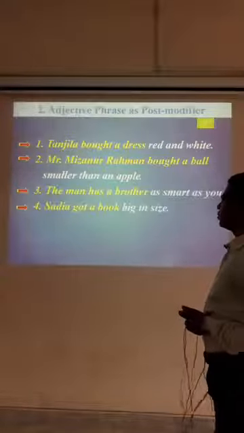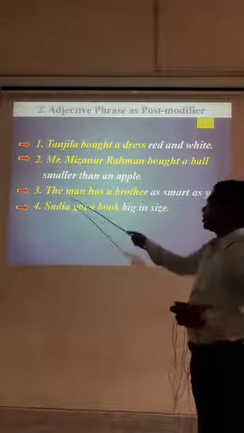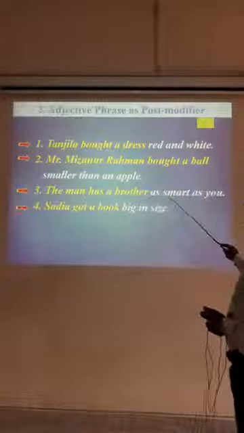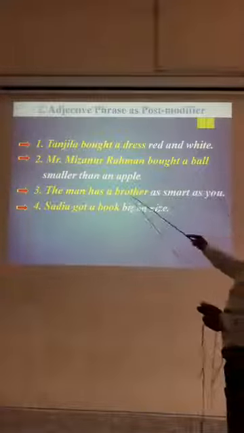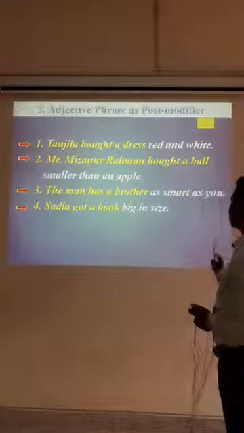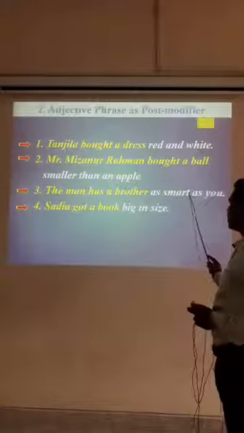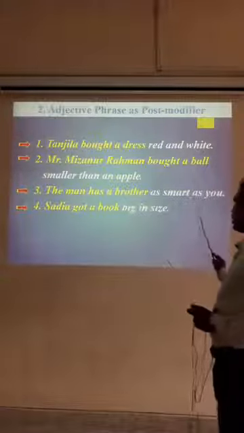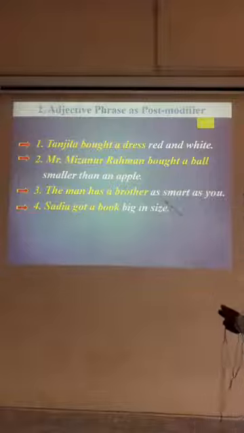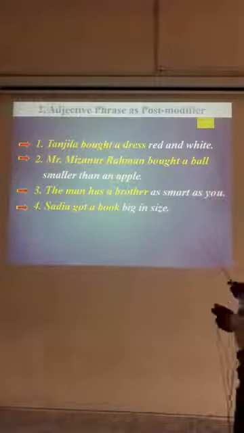Number 3 and 4, we will see there. The man has a brother as smart as you. As smart as you is a phrase, and this phrase indicates the brother, sitting after brother. So the phrase is used as post modifier.